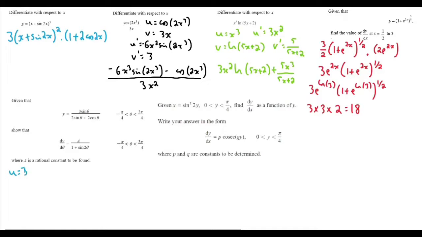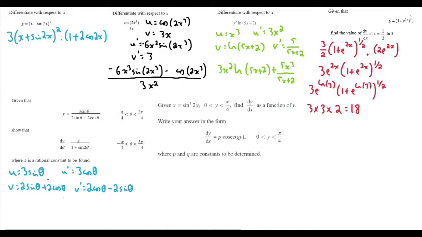So u will be 3 sine theta, and the v is going to be 2 sine theta plus 2 cos theta. U dash, therefore, is going to be 3 cos theta, and v dash is going to be 2 cos theta minus 2 sine theta.